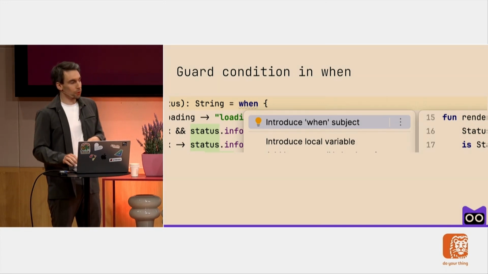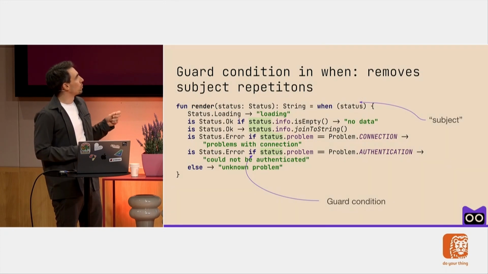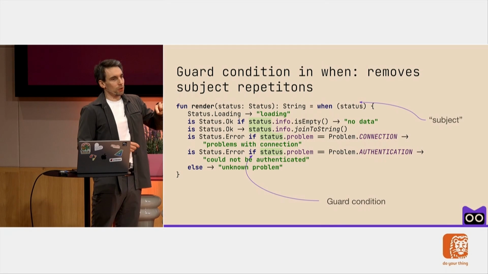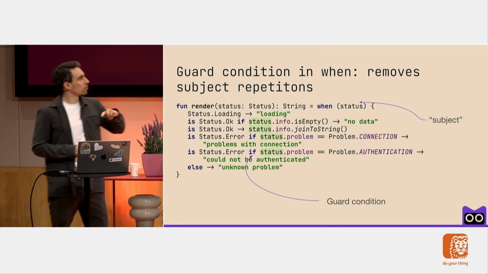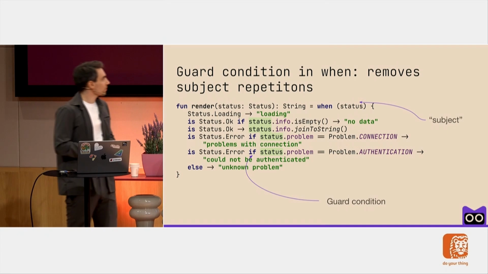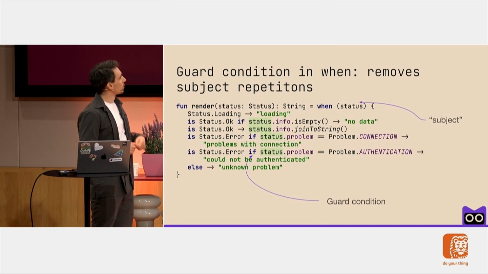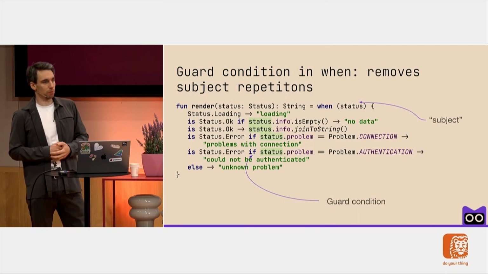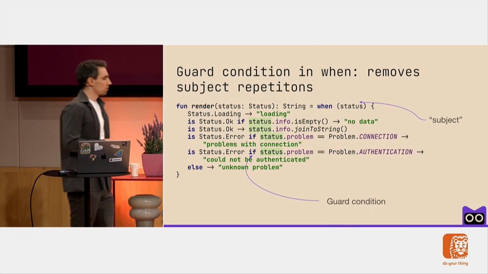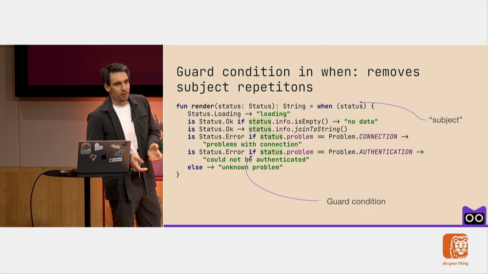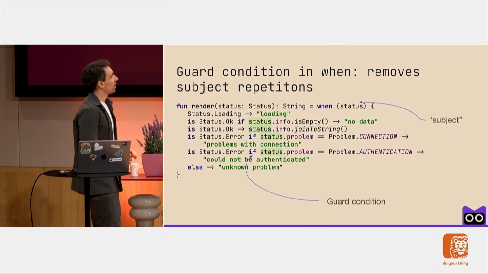IntelliJ will suggest you replace this one and introduce a subject, so that we reduce the repetitions of this subject status because we lifted it up to the when. And now we can use if, which is a guard condition, and use arbitrary conditions on our branches, which wasn't possible before.